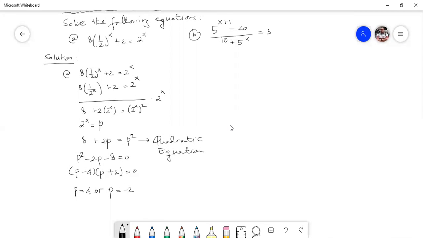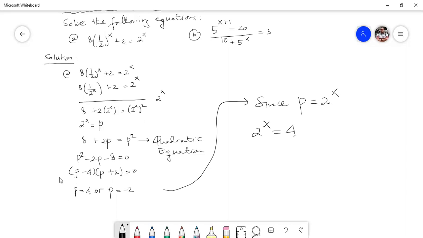Of course not yet. This is not the final answer because we are solving for x. Since b equals 2 to the power x, just return it. So 2 to the power x equals 4. We solve one by one.